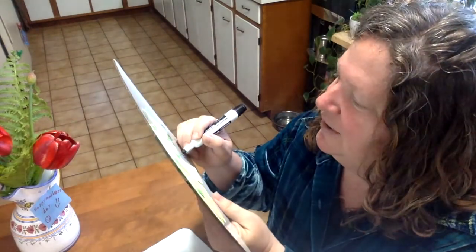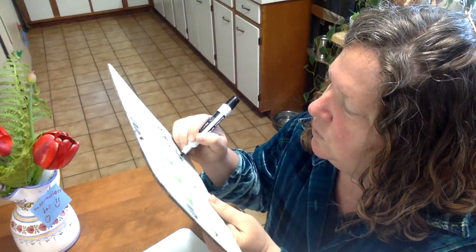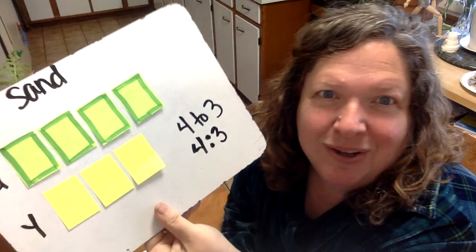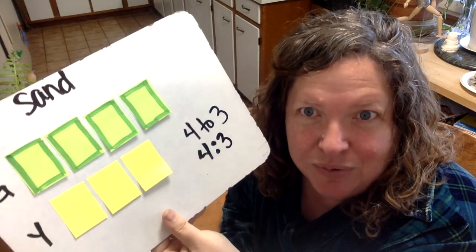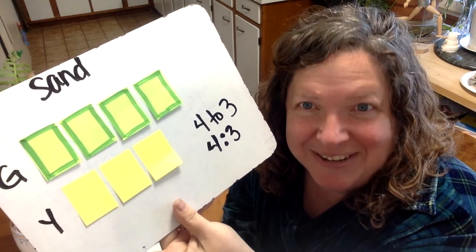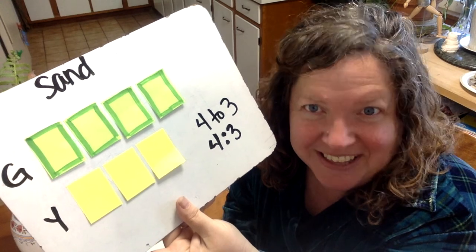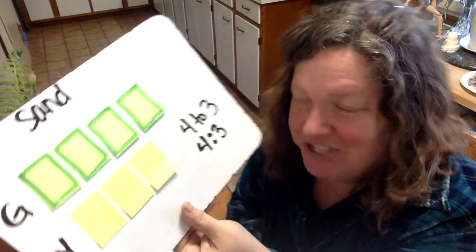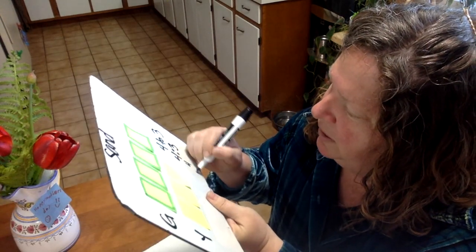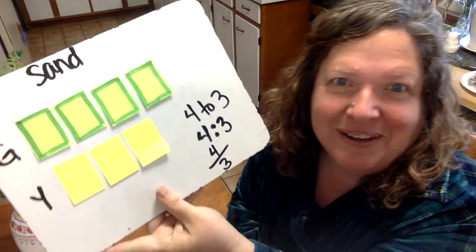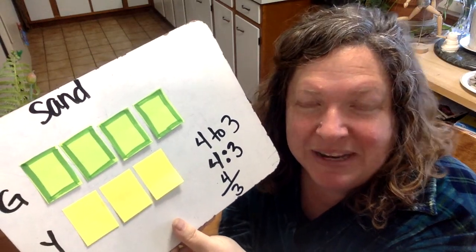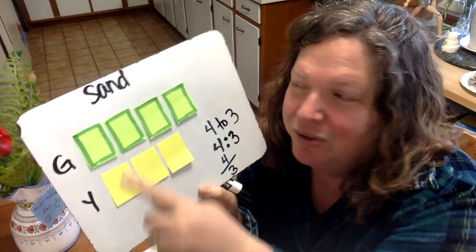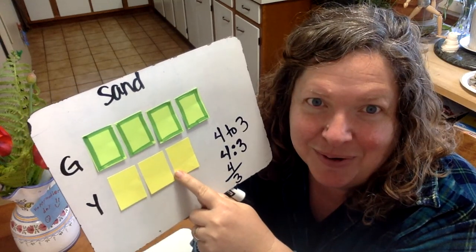Hopefully you're thinking of 4 with a colon. 4, remember we read it 4 to 3. Can you think of another way? Hopefully you're thinking of the way it looks like a fraction. 4 over 3. So there's 3 different ways that we could compare the green to the yellow.